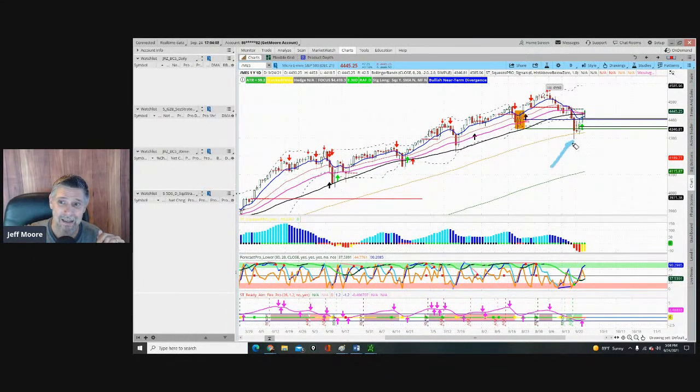I said when you have an upsloping 100 simple moving average, and price is coming into it, and you've got a ready, aim, fire, I told y'all to go back and do some research. When the price pulls back into the upsloping 100, you get the ready, aim, fire.